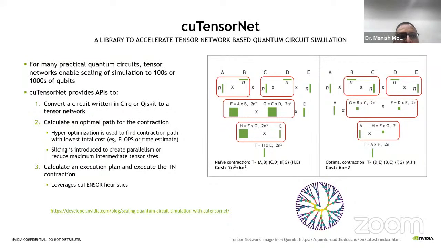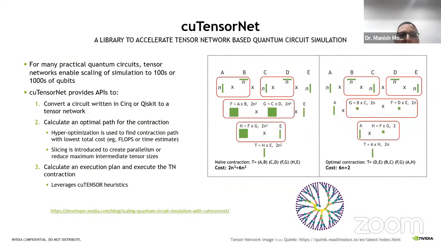But here with TensorNet, we can go up to thousands of qubits. cuTensorNet provides APIs to convert the circuit in Cirq or Qiskit to a tensor network, and then calculate an optimal path for the contraction. And then finally, we get an execution plan and execute the tensor network contraction.